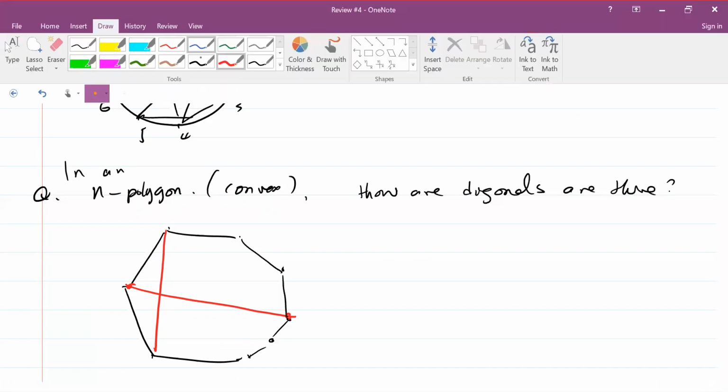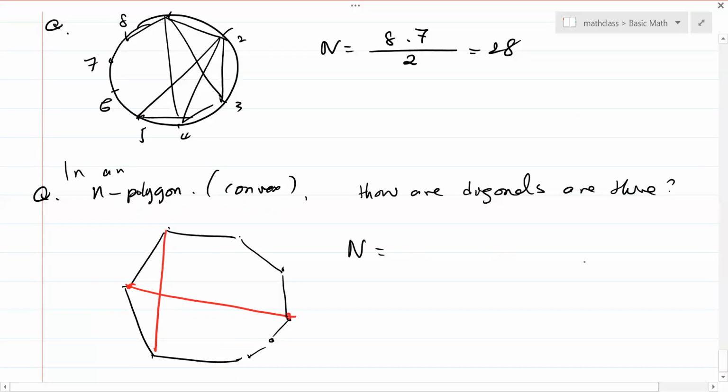If you memorize the formula, it's fine, but if you don't memorize the formula, express the capital N in terms of this little n.